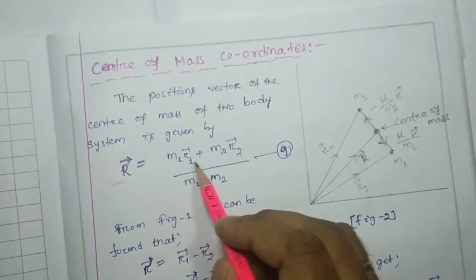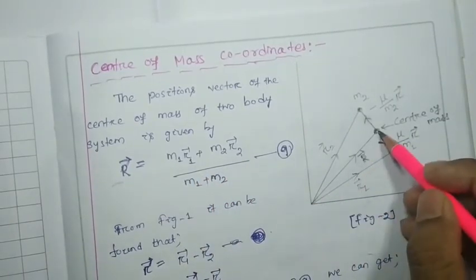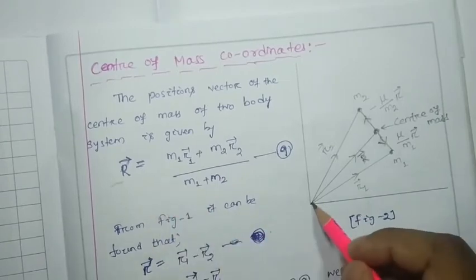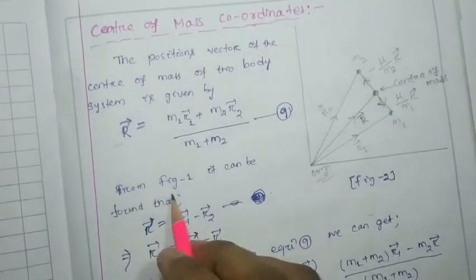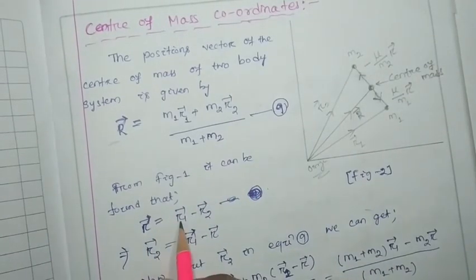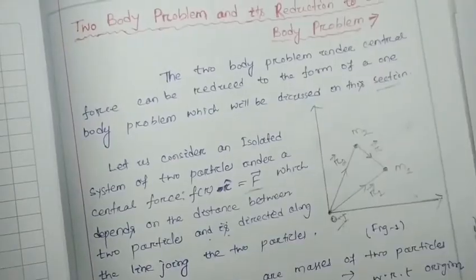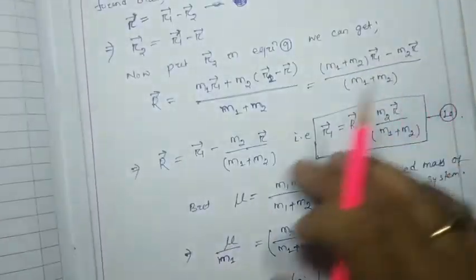This is the coordinate of R from the origin. From figure 1 it can be found that r is equal to r1 minus r2.